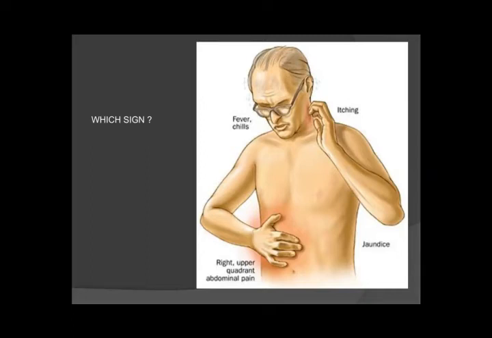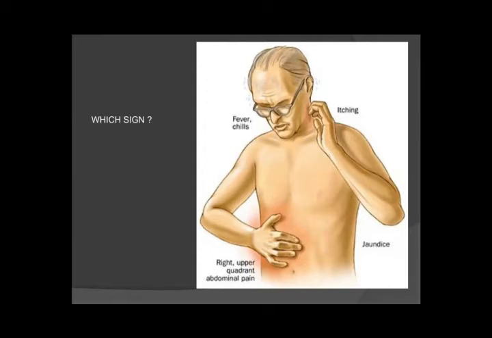This is sort of vague, but most likely in patients presenting with jaundice, when there's increased total bilirubin, it leads to itching as well.